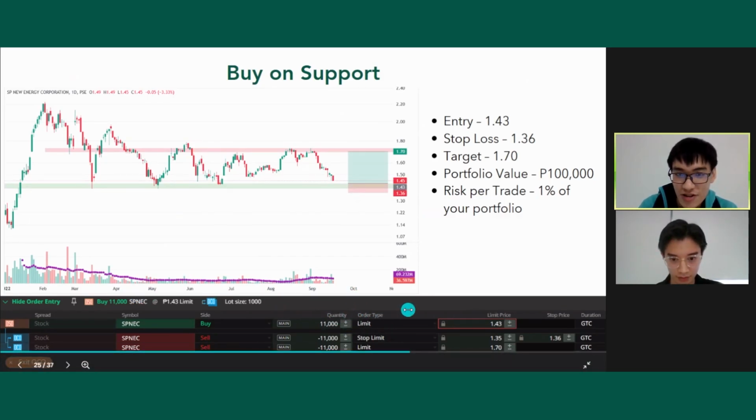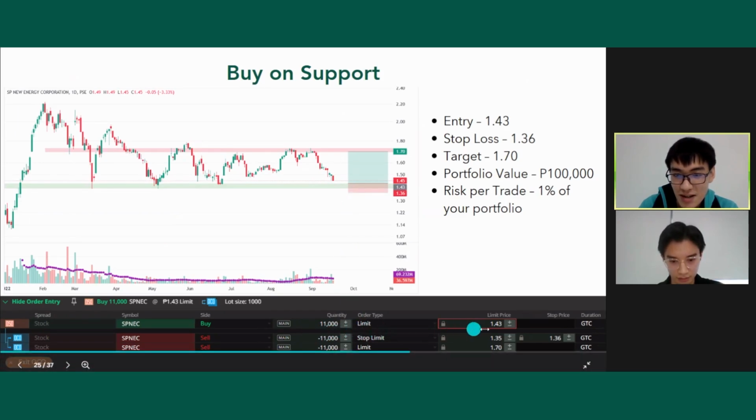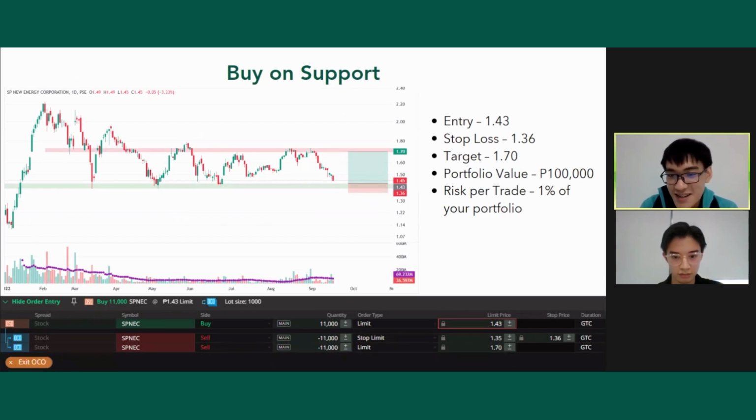That's a limit order. Then, what's your stop loss? Your stop loss will be a sell stop limit order, kasi wala pa dito. It's not yet at 1.36. So the order would be if the price hits 1.36, that's your stop price, it will execute a limit sell order at 1.35, 'di ba? So kung tumama sa 1.36, ibebenta na niya at 1.35 para ma-out ka na.